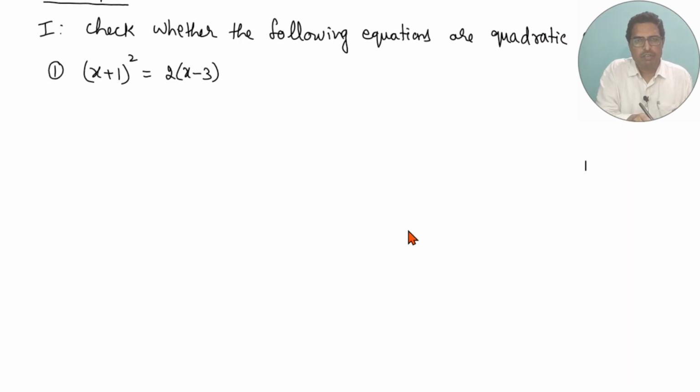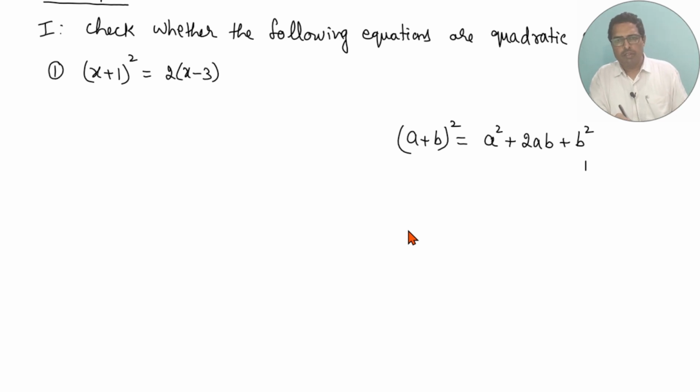The left hand side is in the form of a plus b whole square. We know the formula: a plus b whole square is nothing but a square plus 2ab plus b square. Everybody knows this formula.